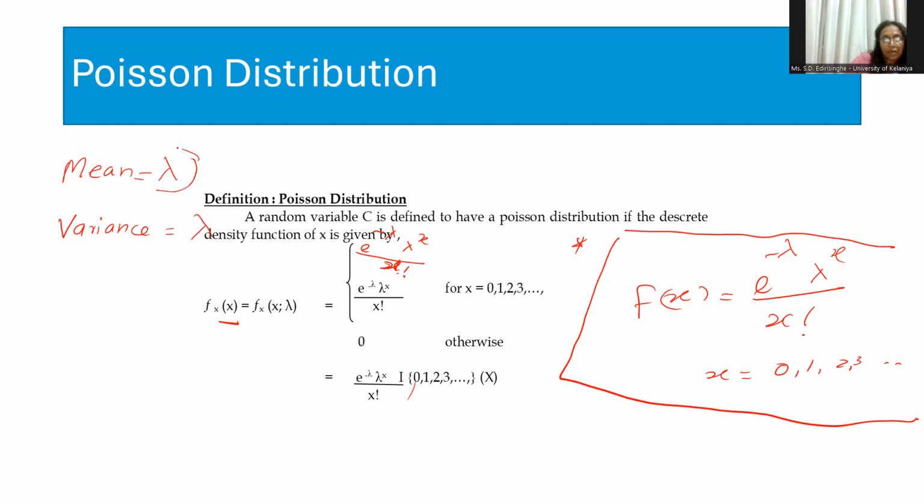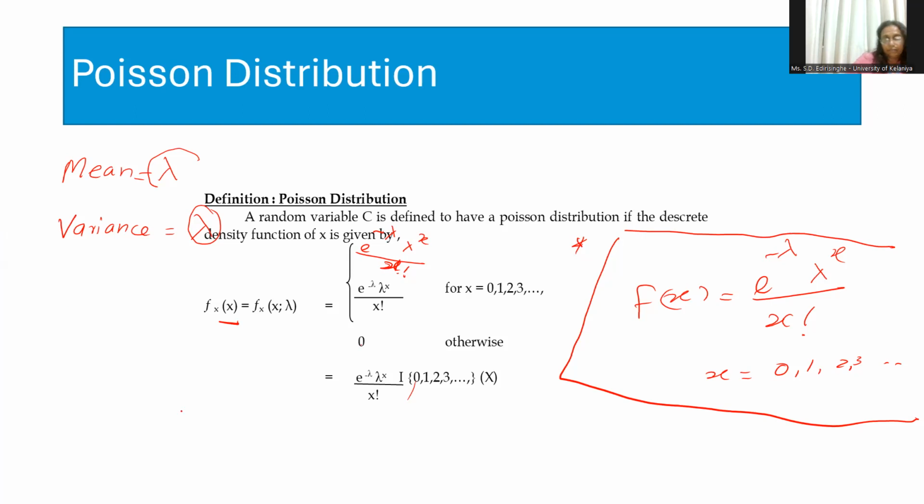Mean also lambda and the variance also lambda. Right?